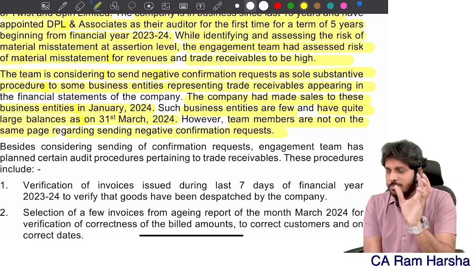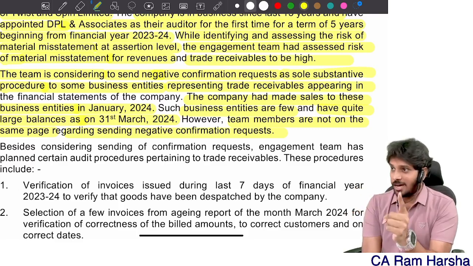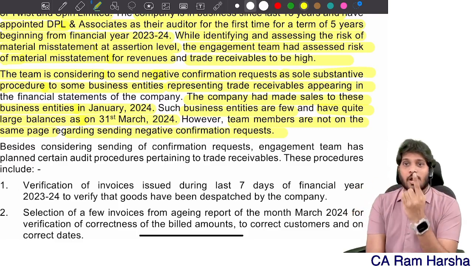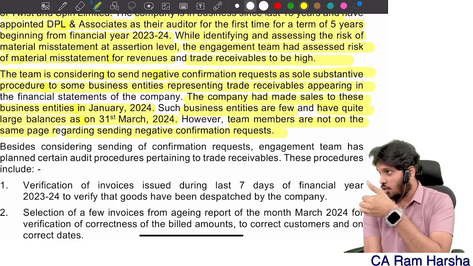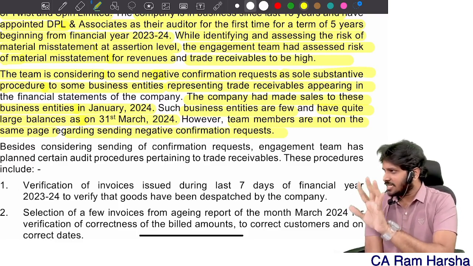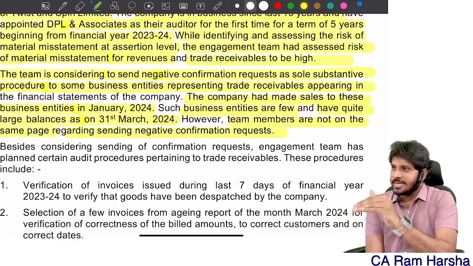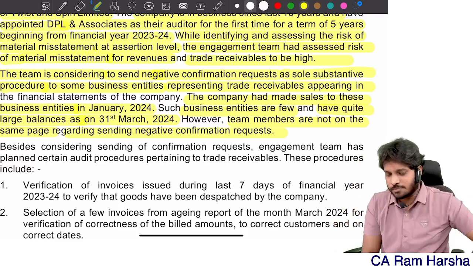See, there are large outstanding balances on 31st March. Balance is very large. Risk is high. Negative confirmation request should not be sent, right? Negative confirmation can be sent when the balance is low, large volume of homogeneous items, risk is low, exception rate is low, non-response chance is low. Then only we can use it.